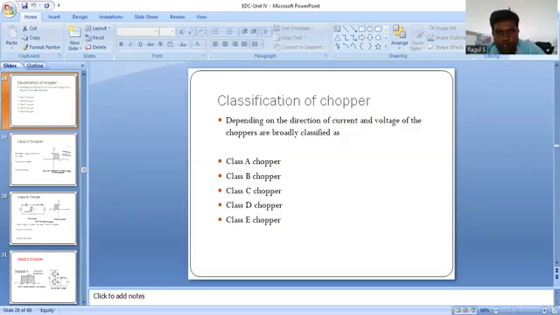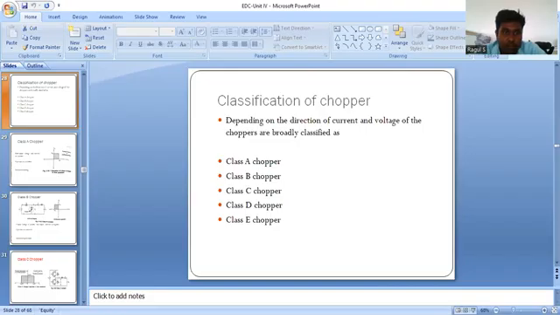In the class E chopper, it consists of four transistors and four diodes. In the circuit diagram we can clearly understand the construction of the four quadrant chopper. In the first quadrant, forward motoring mode, output voltage and output current are positive. In the second quadrant, output voltage is positive but output current is negative.